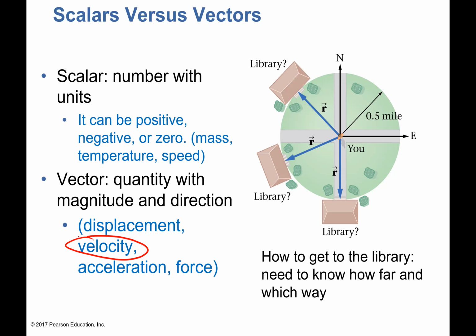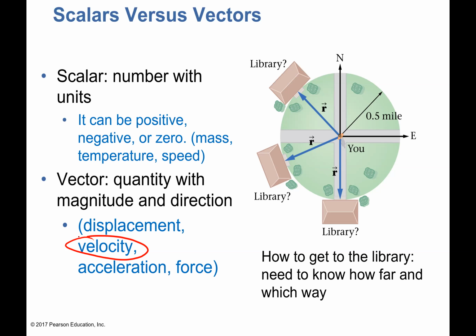Think like this. If somebody comes to you and asks, what is the nearest library? And you say, okay, again in MKS units, it's about 500 meters from here. So what information are you giving that person? What you're giving is a distance, how far away the library is. That person can say, all right, good, 500 meters.